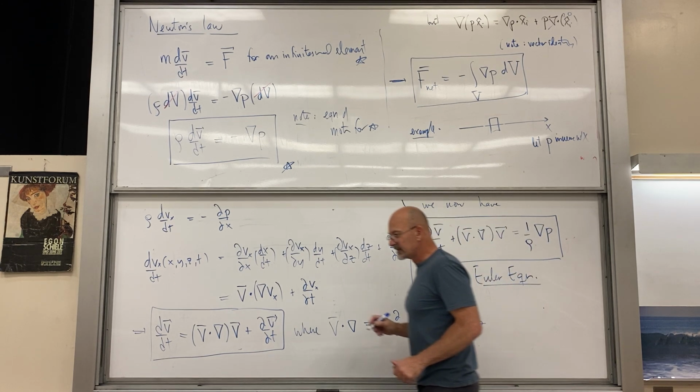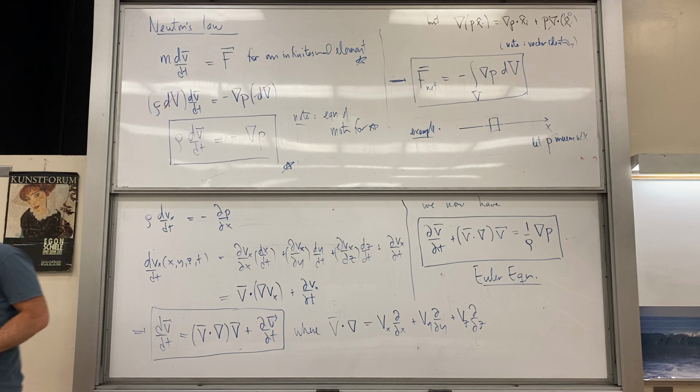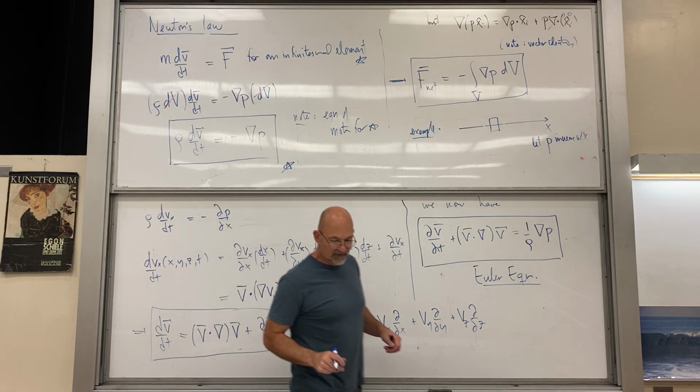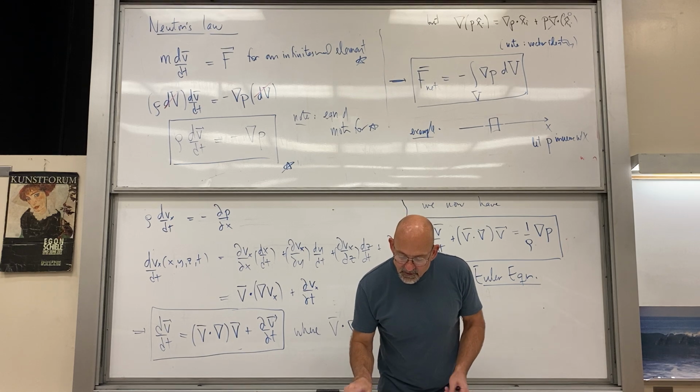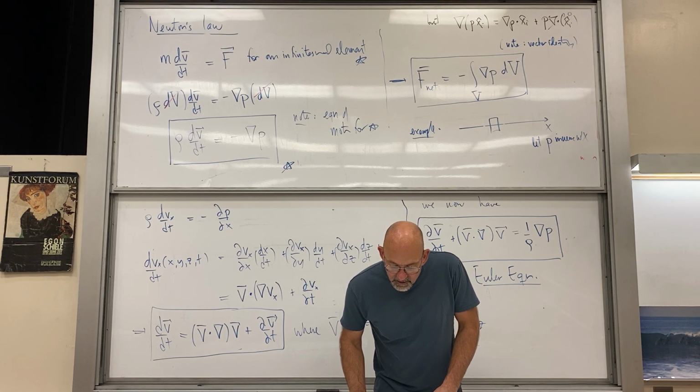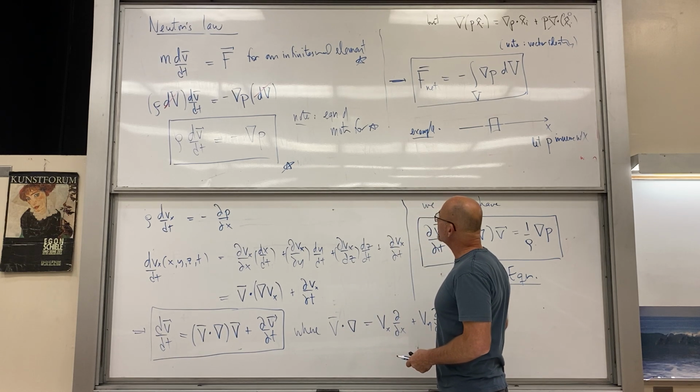Euler equation. Let's see how we're doing time-wise. Okay. A lot more to say. Let me set this up now. Now we've got the Euler equation. It is Newton's law. Good.